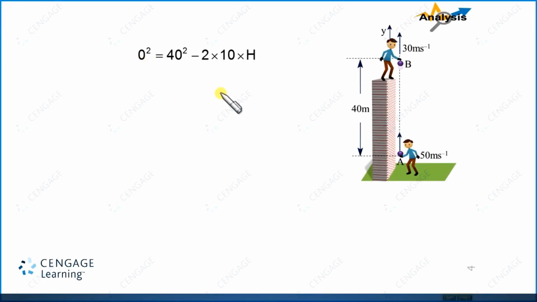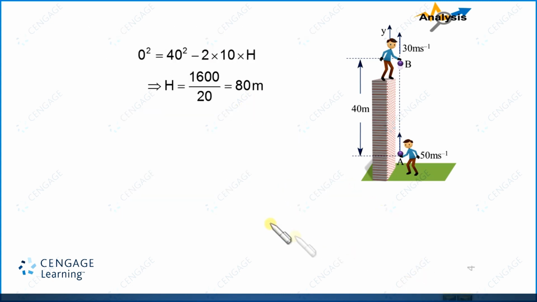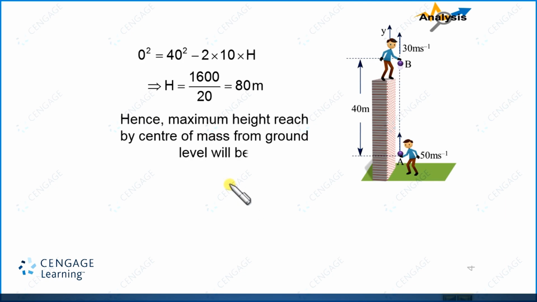So this capital H value will be 1600 divided by 20, that is 80 meter. And we know the initial height of the center of mass is 20 meter. So we can write the maximum height reached by the center of mass as initial height plus capital H, which is equal to 20 plus 80, that is equal to 100 meter.